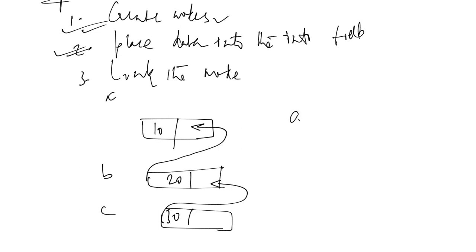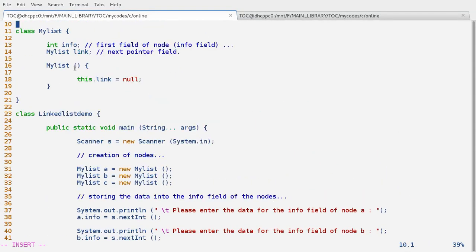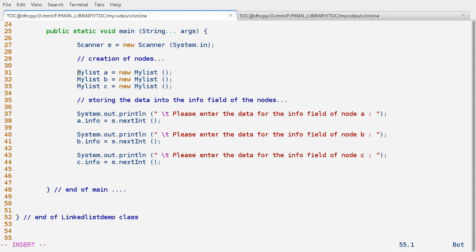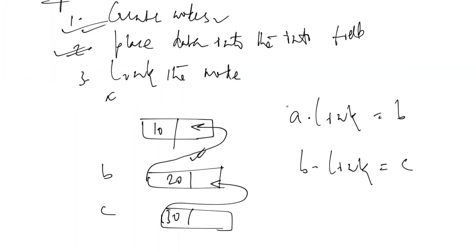So we should write something like a dot link equals b, and b dot link equals c. So c is linked with b, and in the constructor we already have initialized the link part. So while creating the node itself, all the link parts have been initialized with null, so no need to initialize the link part of C after linking the nodes.